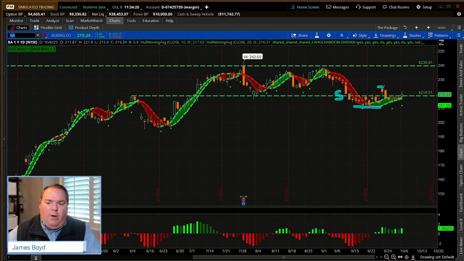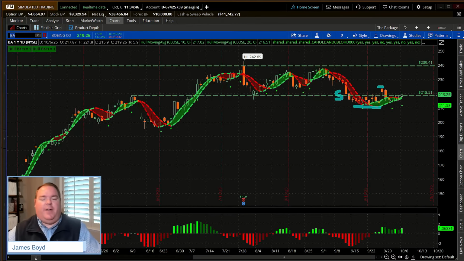It broke out if we're talking about the candle opening and closing above resistance. Per our definition, it wasn't a green candle, so it wouldn't be a breakout. We wanted it to open and close above resistance. It did that, but it didn't close above where it opened, which is why it's a red candle.